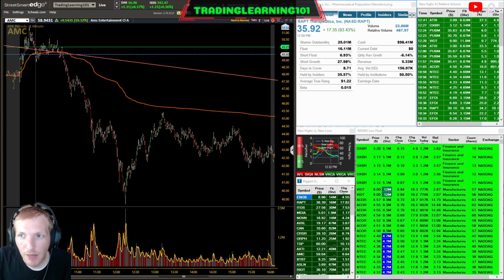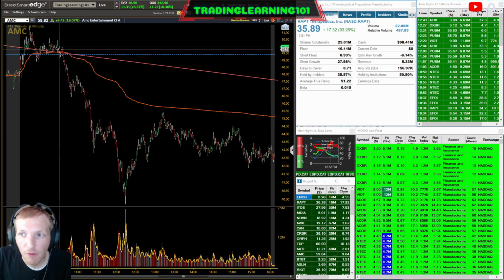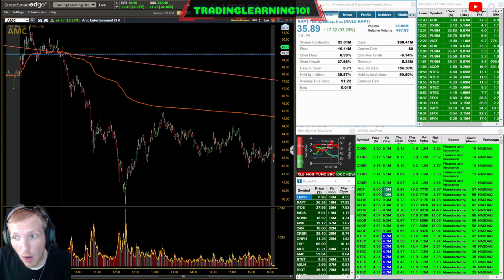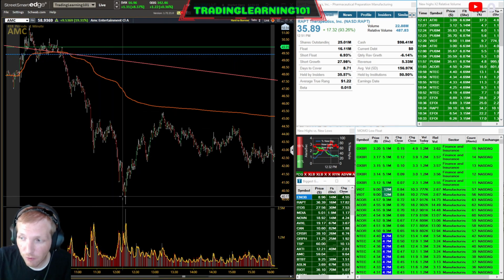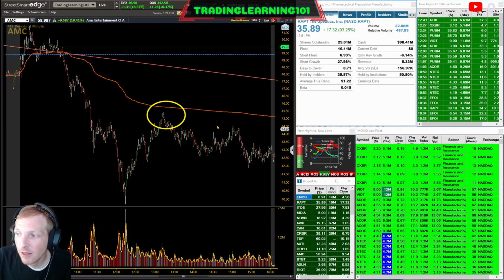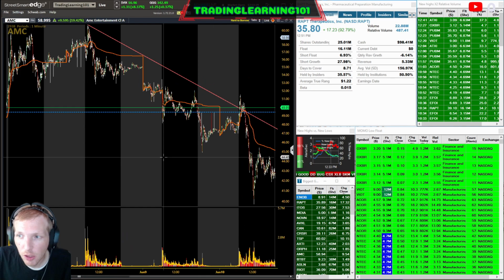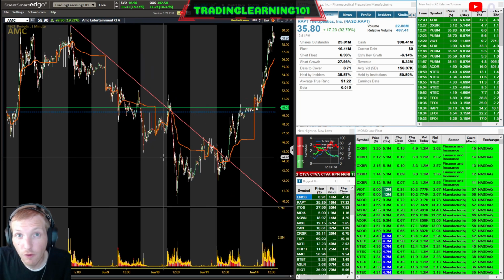And then when it came down, it did bounce off that VWAP. But then it eventually fell through VWAP. And then it was just a downfall. And when it would bounce back up, now you can see the VWAP was reacting as resistance for the stock. So there's multiple different ways you can play around and trade with VWAP.